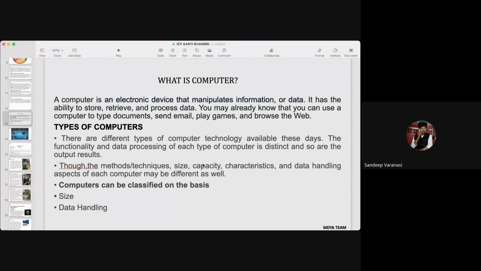Okay. So today we'll start with what is a computer. What do you understand by the term computer?